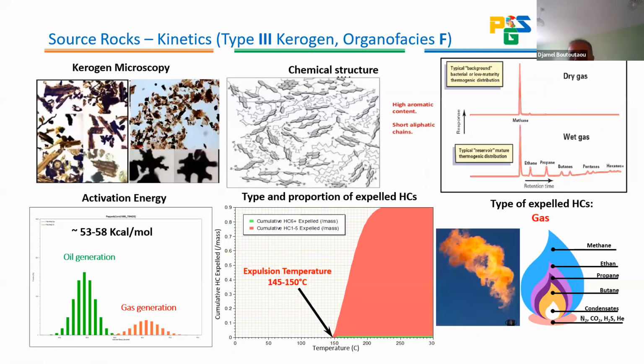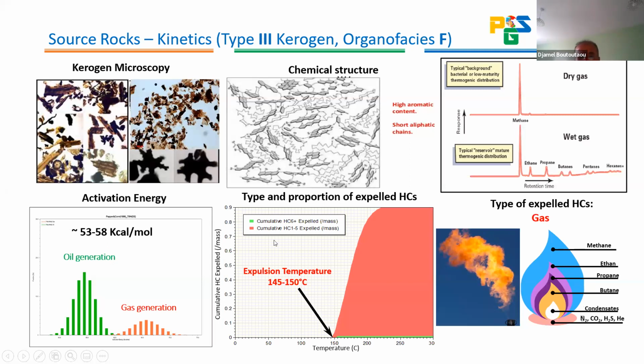The last one is the gas-prone organic source rock, which gives you mostly gas, with a very small amount of oil, but it's dominated by gas. You see the kerogen is dominated by woody material, mostly gas-prone material.